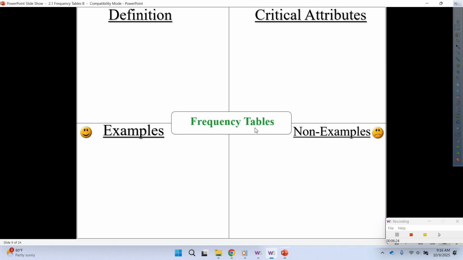All right? Frequency tables. Tell your neighbor, if you were to put one hashtag, what would be the one thing a frequency table should have?